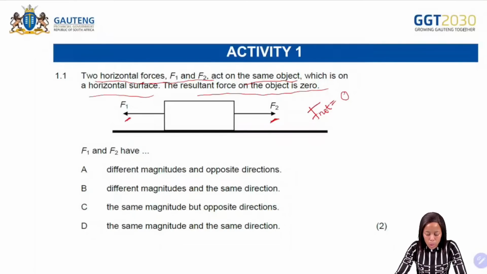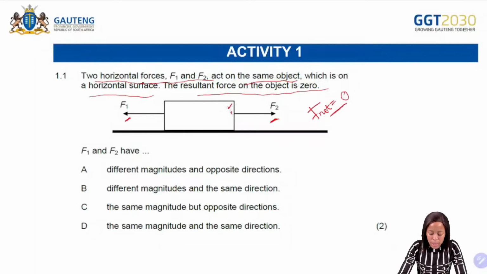So which law is this one? Immediately when we see that the resultant force is equal to 0, then we can think of Newton's first law, which says if an object is at rest, then it will continue to be at rest. So in this case, the object is at rest. Or if an object is in motion, it will continue to be in motion, okay?